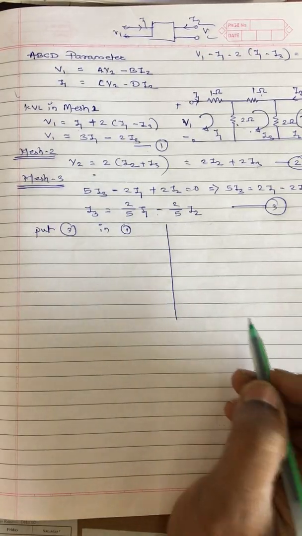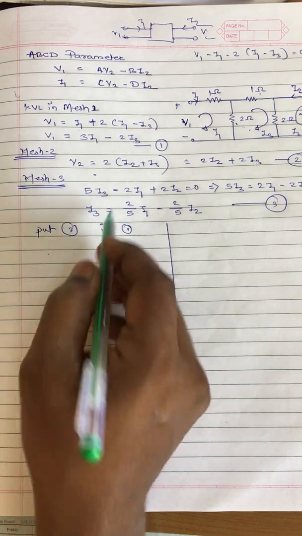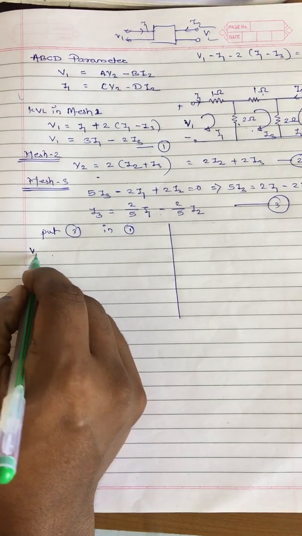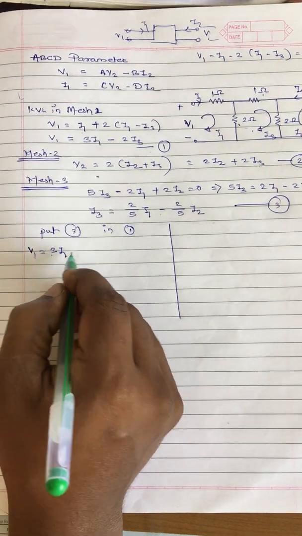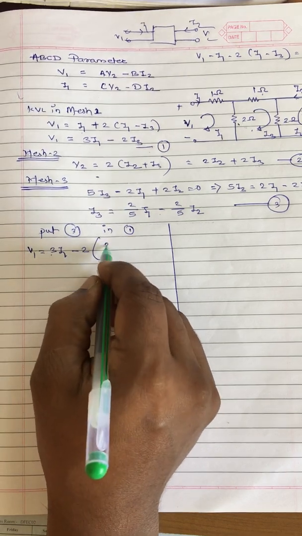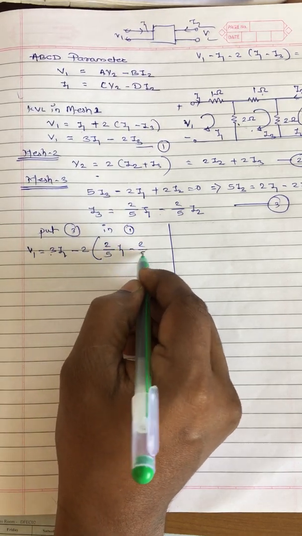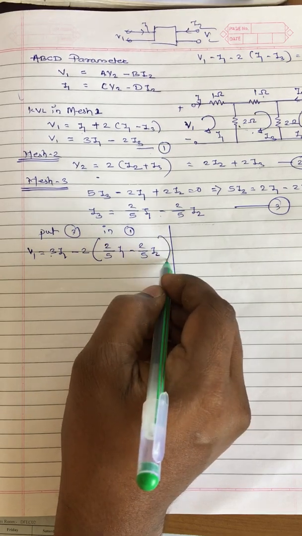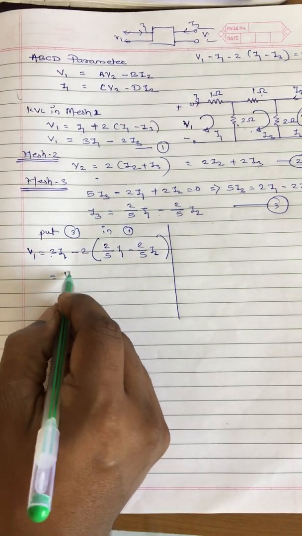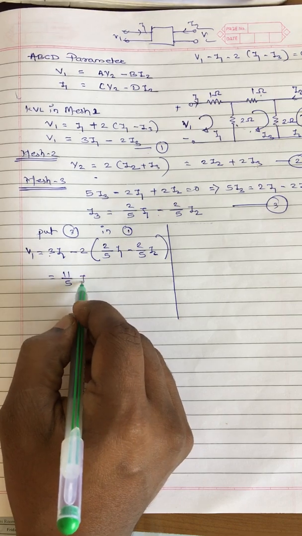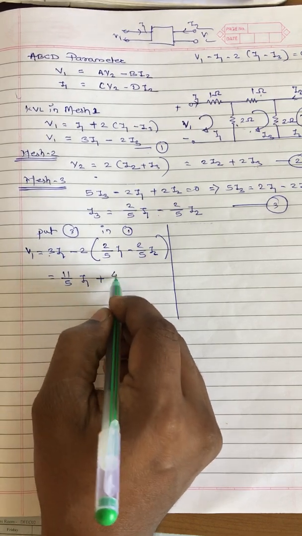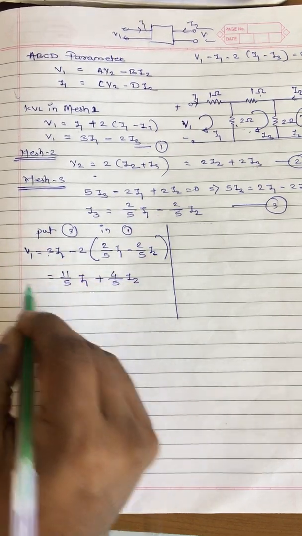We'll put 3 in 1. So V1 equal to 3 I1 minus 2, and instead of I3 I will write 2 by 5 I1 minus 2 by 5 I2. Solve it and you will get 11 by 5 I1 plus 4 by 5 I2.